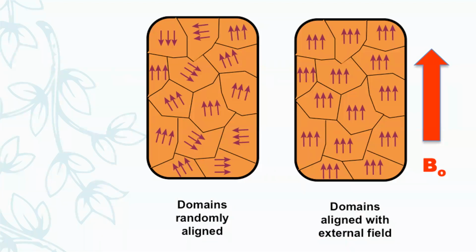You can see that the domains are not aligned in a specific direction, but are aligned randomly. After applying the external magnetic field, where B represents the external magnetic field, all the atoms or domains of the material will be aligned in a specific direction. And you can see here, this is a magnetized material.